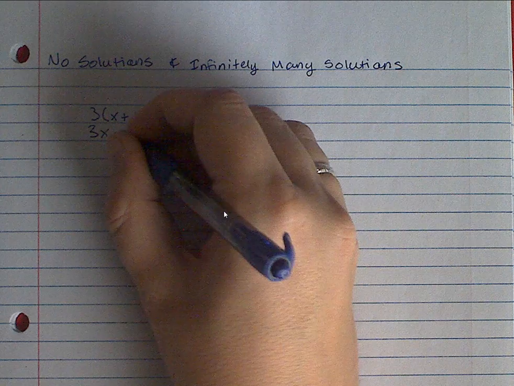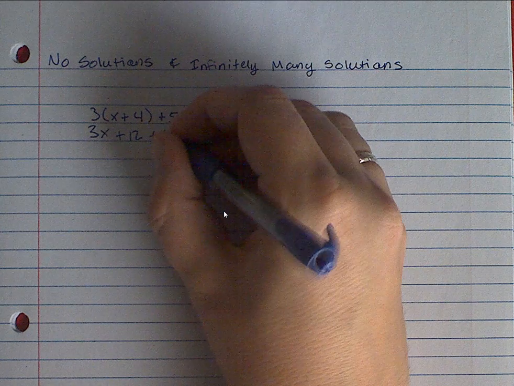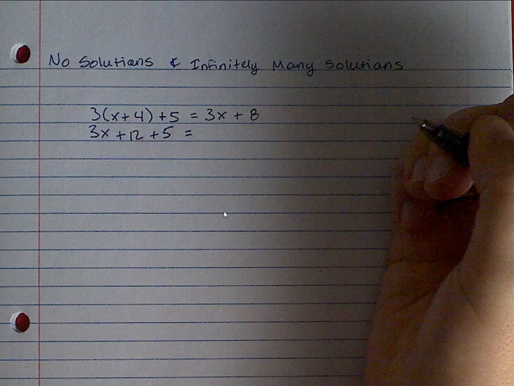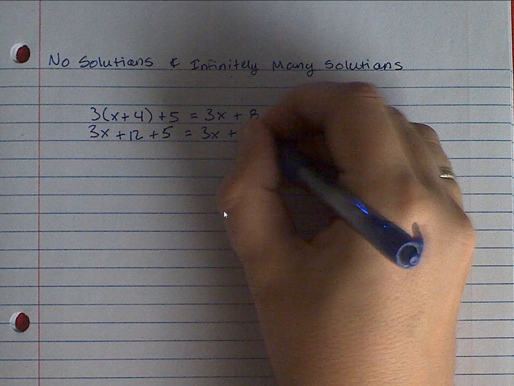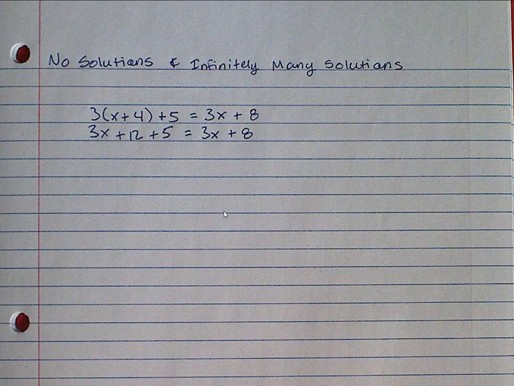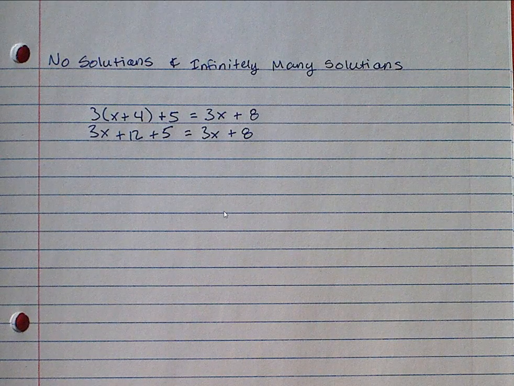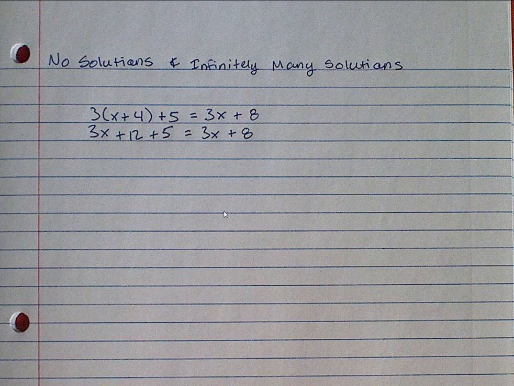Plus 12. Perfect. And then I just drop everything else down. So plus 5 equal to, and then I've got 3x plus 8. All right. Cool. So distribute was the first step I gave you guys a few weeks ago when we started covering these multi-step equations.